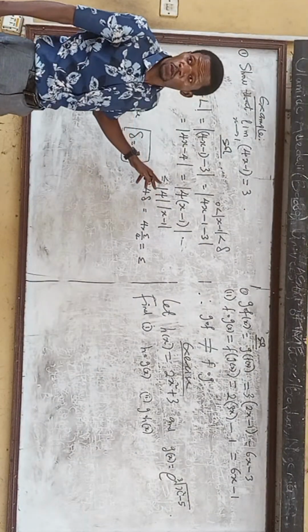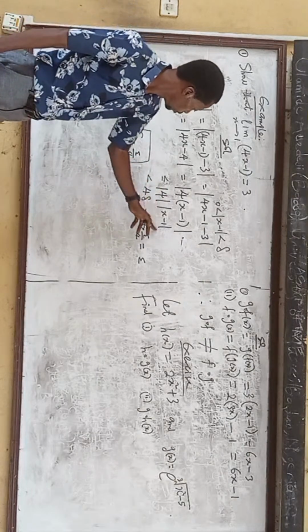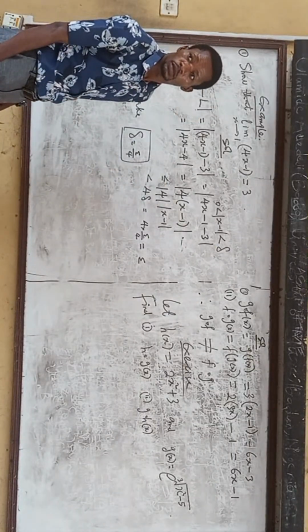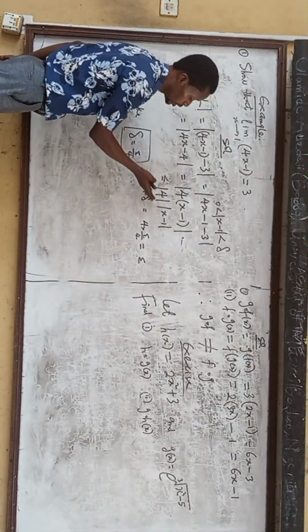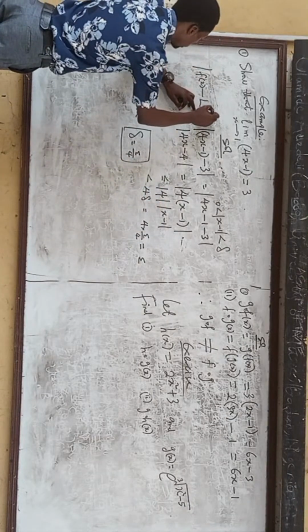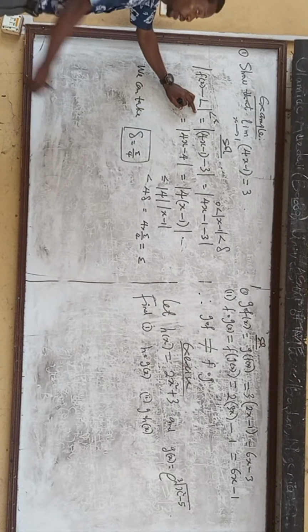But the absolute value of a positive number is positive, so it's still 4, and we can take this as delta. Are we okay? So we have that. This gives us 4 delta. But we need to get less than epsilon.